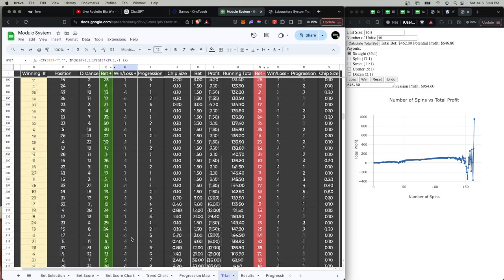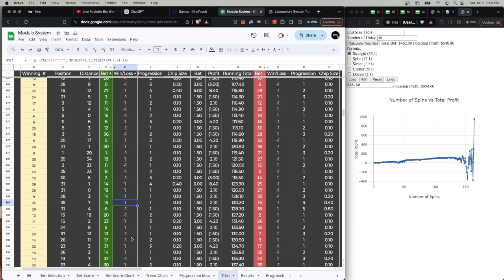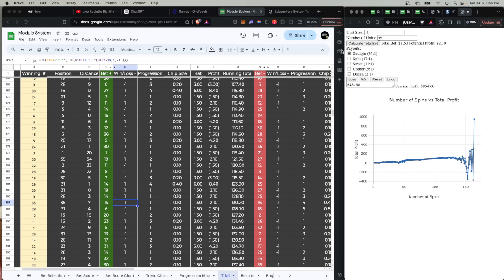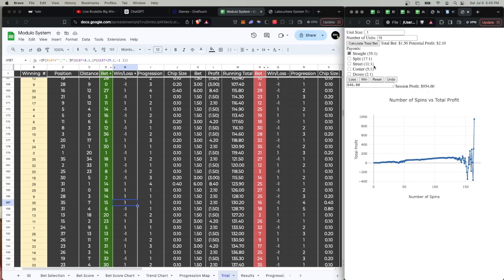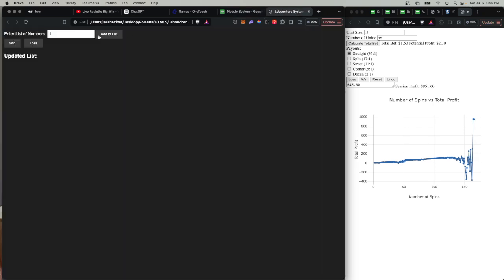How much of sample do we have left? We might as well go right to the end, then we can review it. So we reset. We lose twice. Add to list, loss.